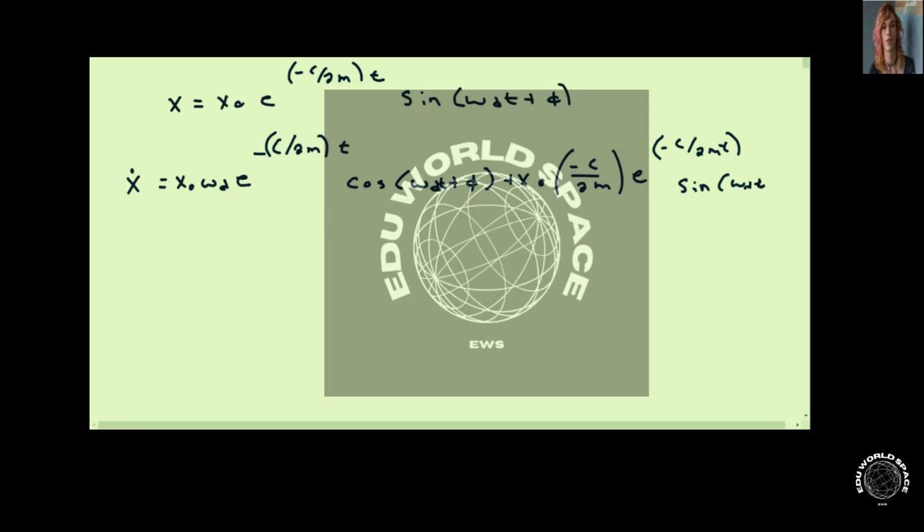t plus phi. And now we're going to set this equals 0, and we're going to put this on one side and this on one side. So you can rewrite it.